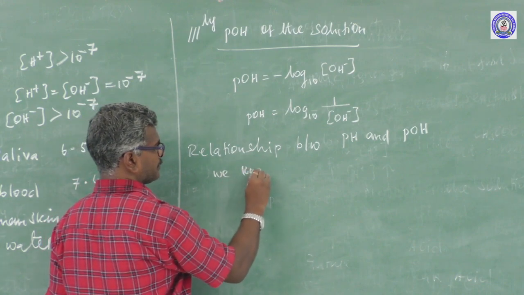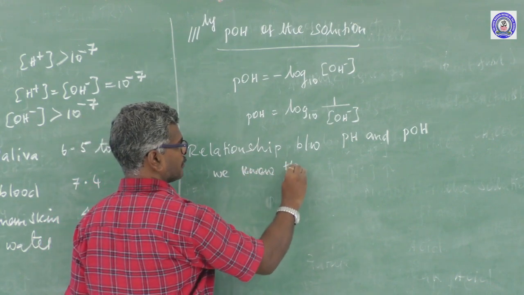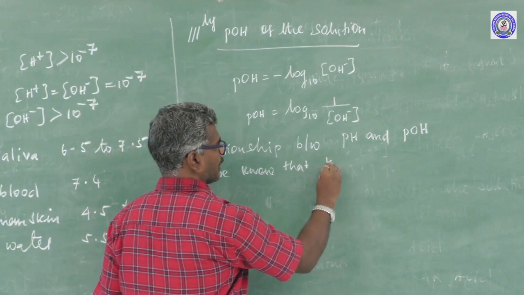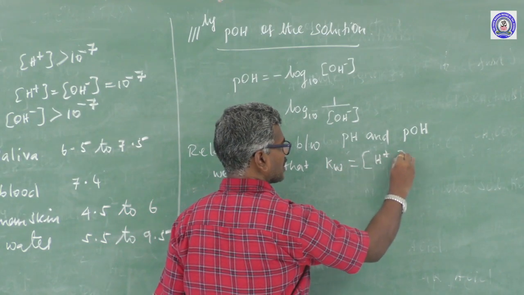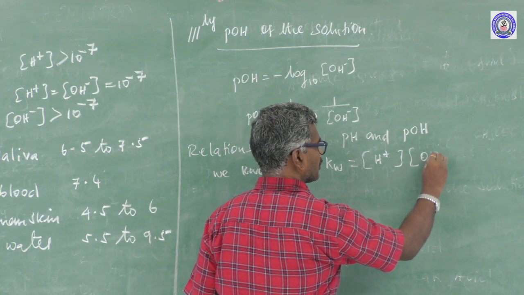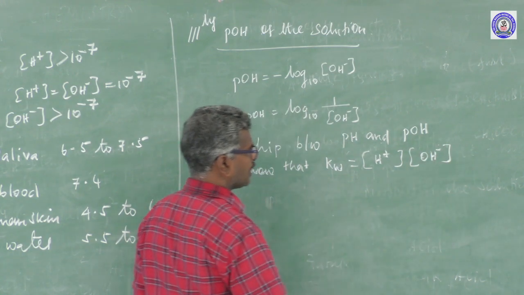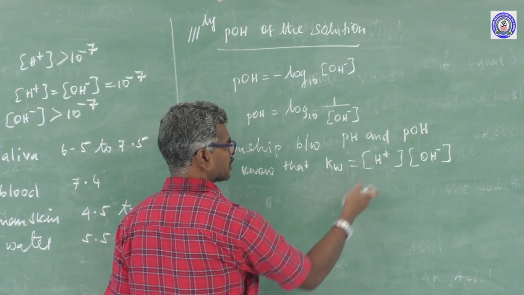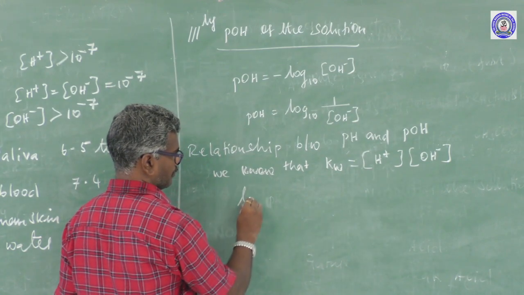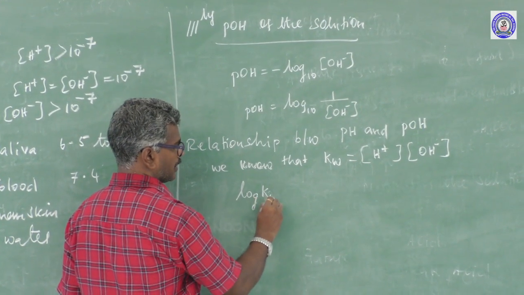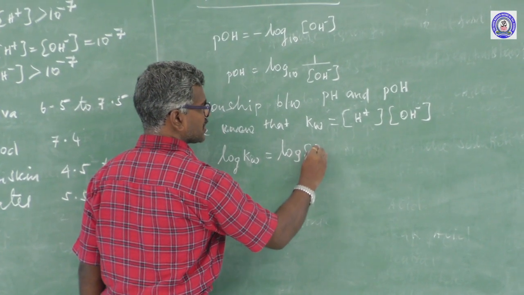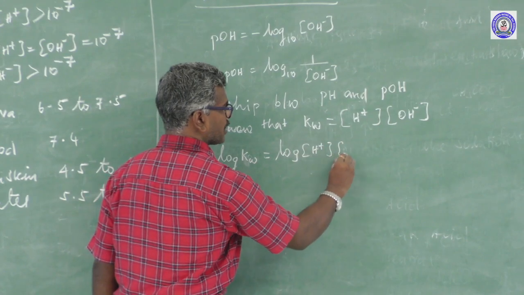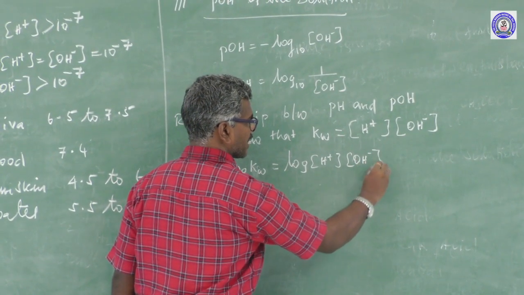We know that Kw should be equal to the concentration of H plus times the concentration of OH minus. Take the logarithm on both sides. Log Kw equals log of the concentration of H plus and the concentration of OH minus.